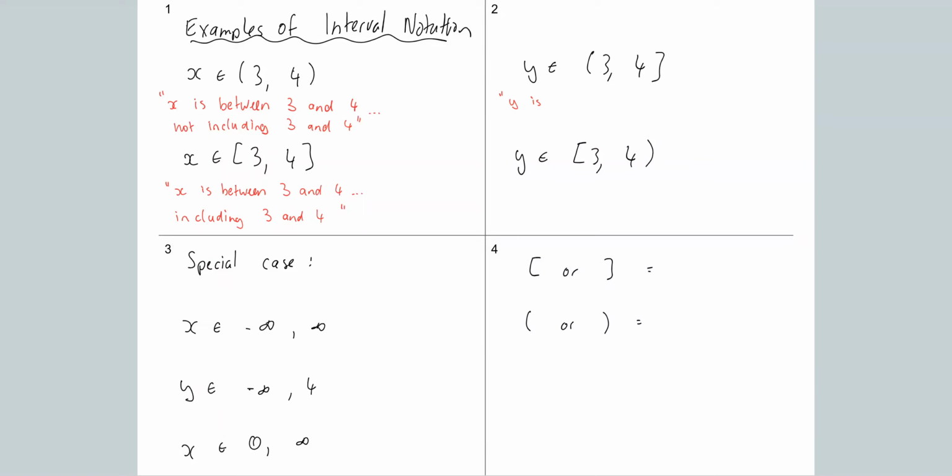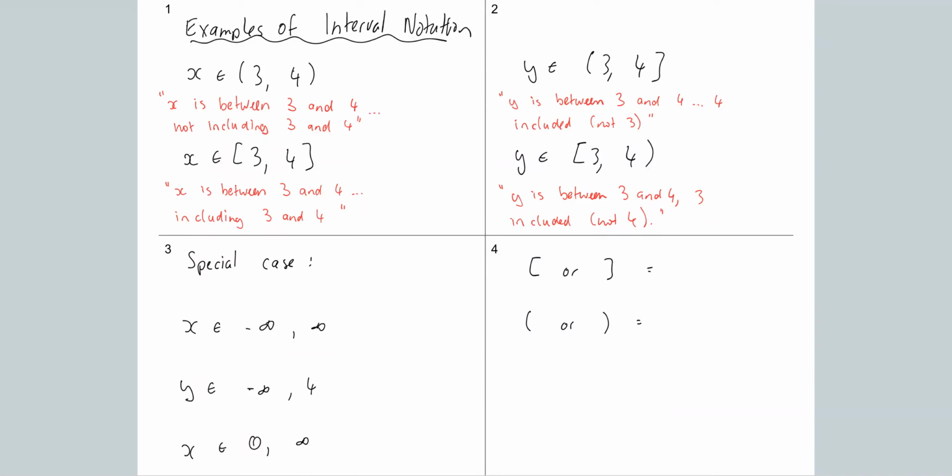So Y is between 3 and 4, 4 included, not 3. And this one is Y is between 3 and 4, 3 included, not 4, like so.